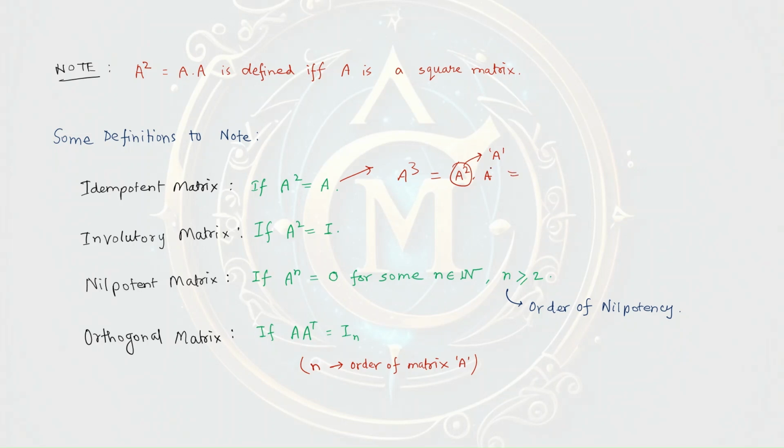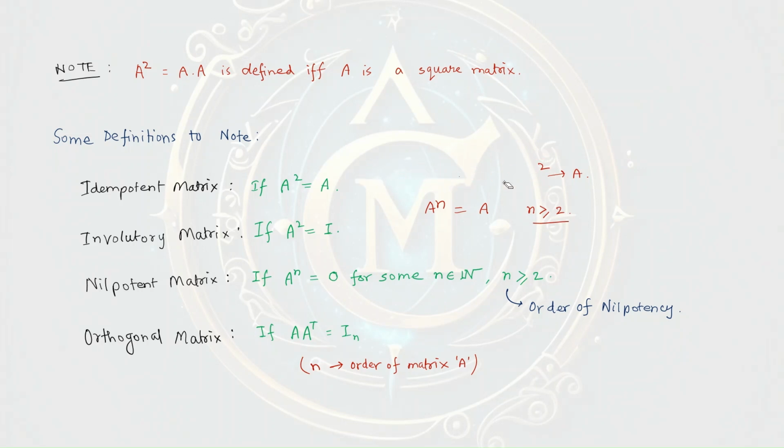So this multiplication becomes A square. Now from the definition itself, it becomes simply A. So A to the power n is A, where n is greater than or equal to 2. That means any higher power of A starting from n equal to 2 will always be equal to the A matrix itself. This you have to keep in mind.